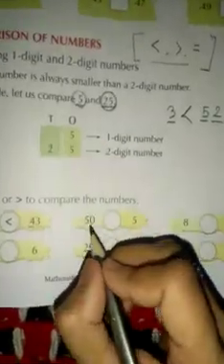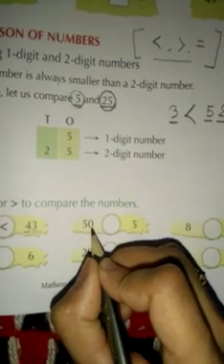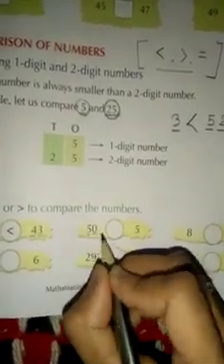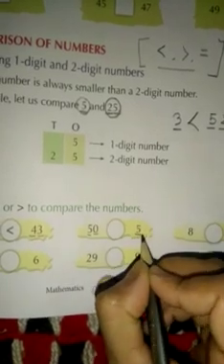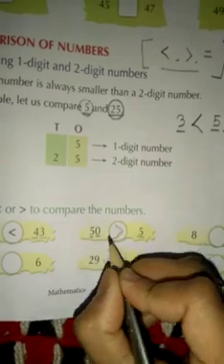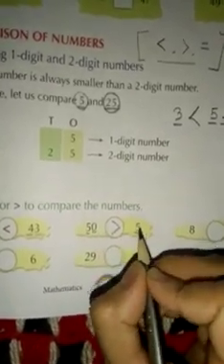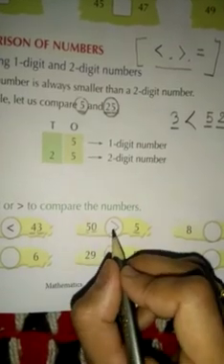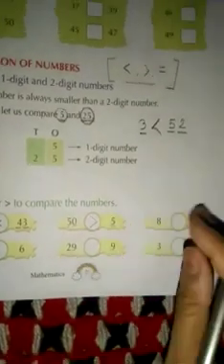Now see, here we have 5, 0, 50 and here 5. This is 2 digit and this is 1 digit. So this will be smaller like this. 50 is bigger, 5 is smaller. So we'll read this equation as 50 is greater than 5.